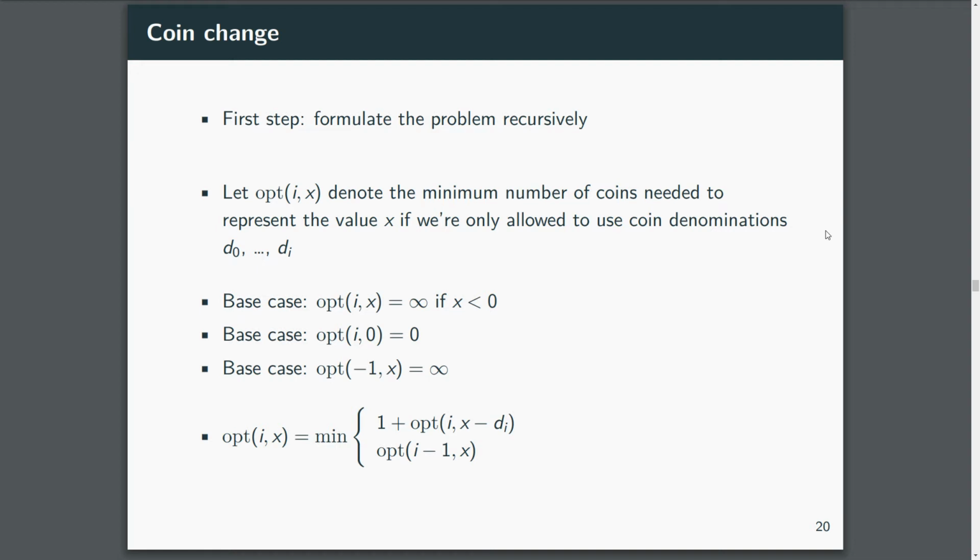So why do you always subtract by the largest coin? You say opt i of x, and then on the first line 1 plus opt i of x minus d_i. Yeah, so at the start you're calling this with the largest index, for the largest coin, and you try either removing the coin or just moving on to the next one.